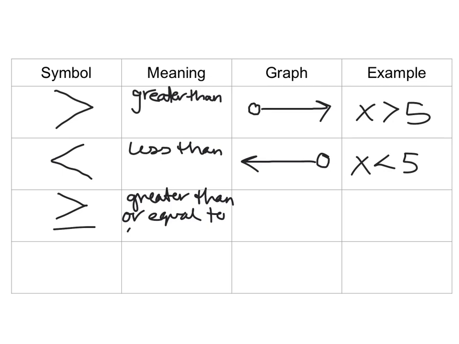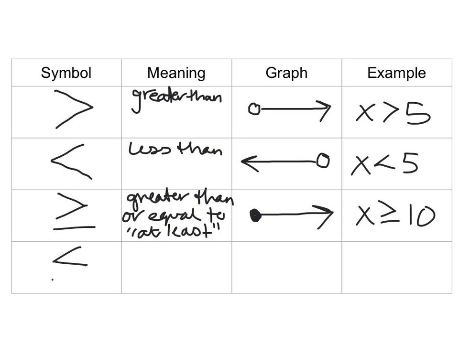And you might sometimes see this referred to as at least. So there were at least 10 people, meaning there could be 10, 11, 12, 13. So this would show a closed dot because the number itself is possible and an arrow going up. And that would be x is greater than or equal to 10, let's say.